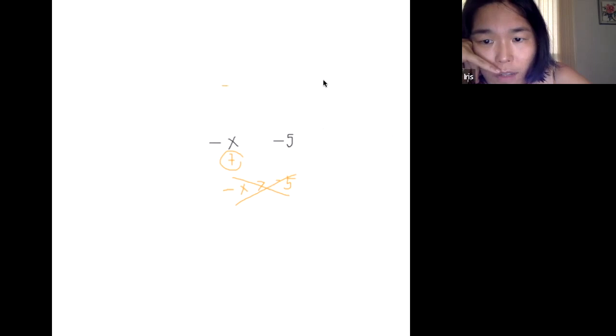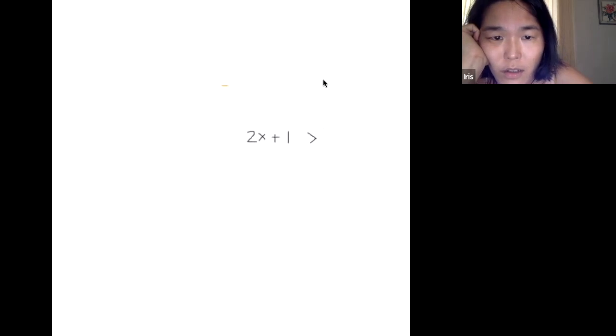So, okay, there are shortcuts, right? The way I did it was the slow way. If you feel comfortable, you can start doing the steps faster. Like say I have 2x plus 1 greater or equal to 0, and I want to solve this for x.